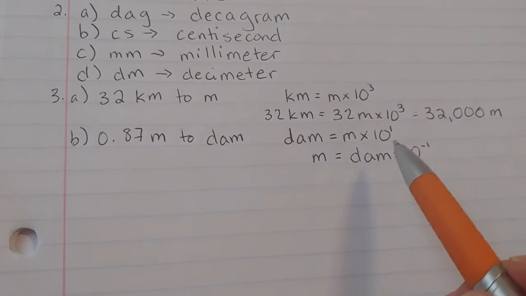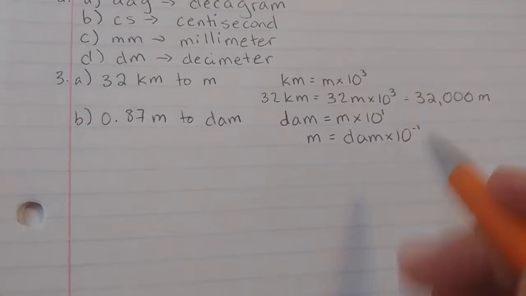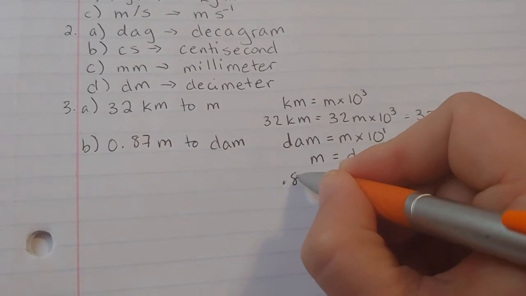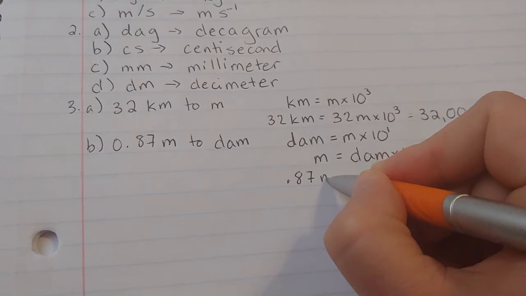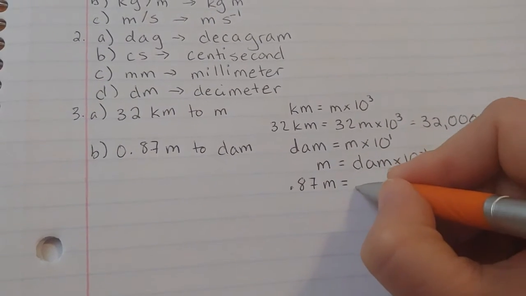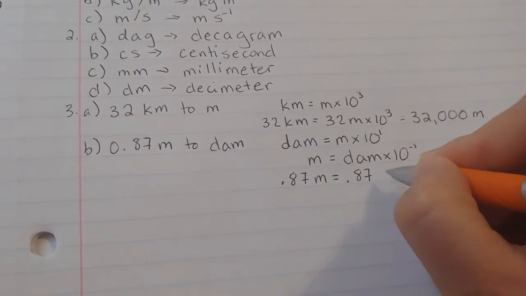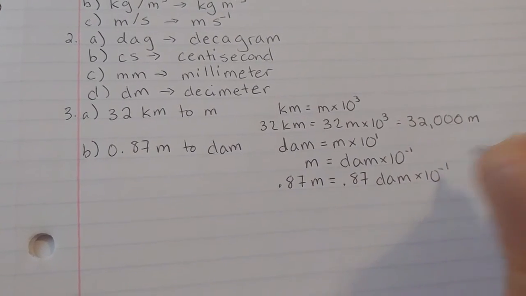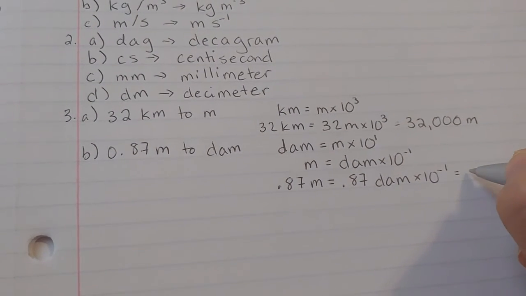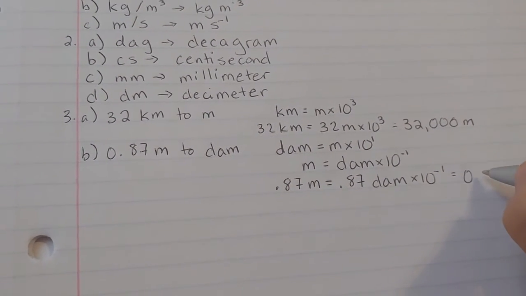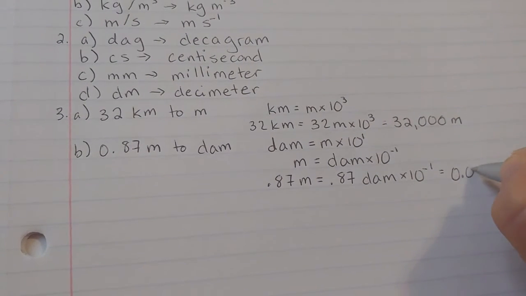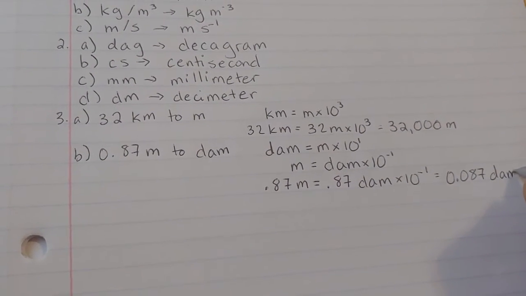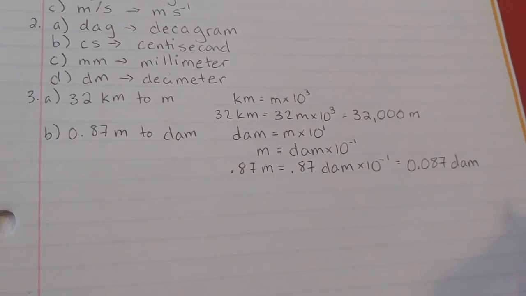So what I've basically done is just divided by 10. All right, so now 0.87 meters is going to equal 0.87 decameters times 10 to the negative 1. And that's going to equal 0.087 decameters.